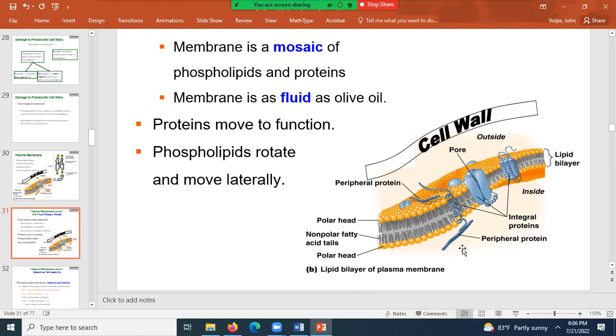And it is important to realize that the phospholipids are not non-motile. The phospholipids can obviously rotate around, and then they can also move laterally. I think I mentioned that that's how water can sneak across the cell membrane. Initially water will be up here, but it can't move through the lipid bilayer. What the water does is wait for a phospholipid to move out of the way.